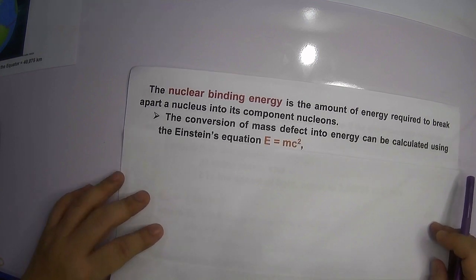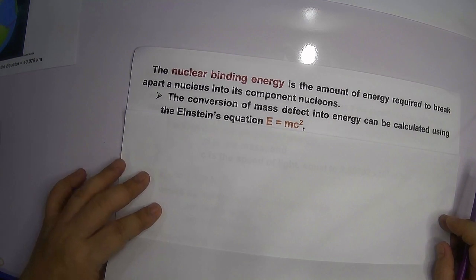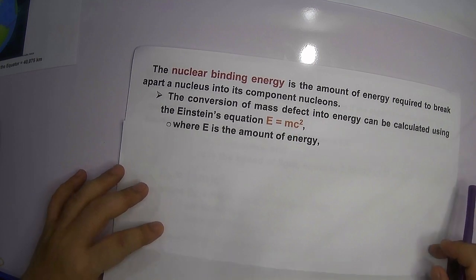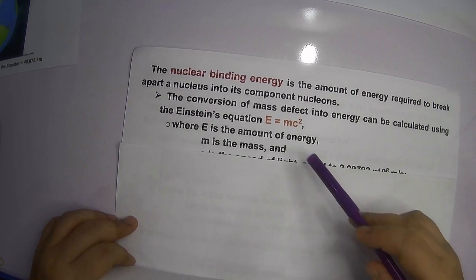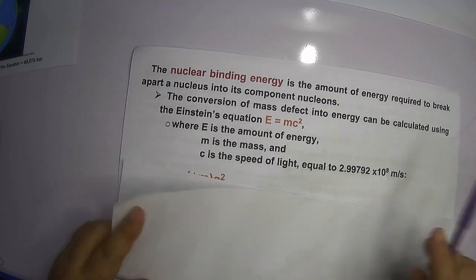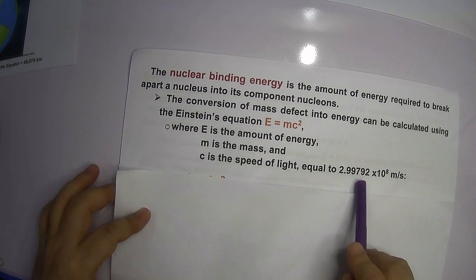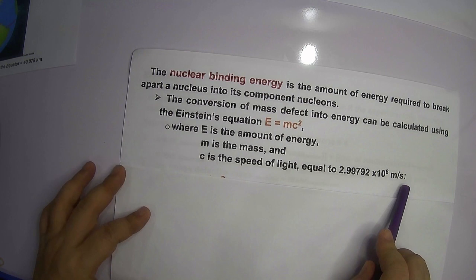The conversion of mass defect into energy can be calculated using the Einstein equation, E equals mc squared, where E is the amount of energy, m is the mass, and c is the speed of light, which is equal to 2.99792 times 10 to the 8 meters per second.